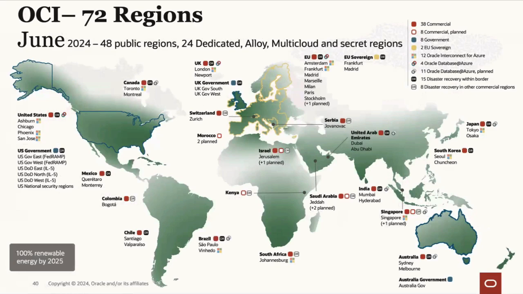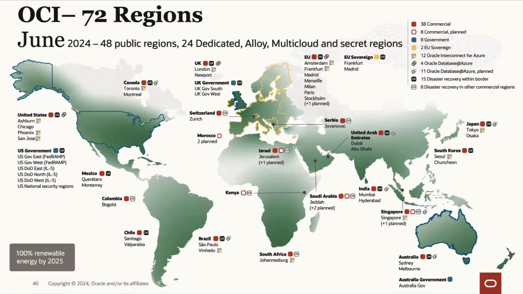When you are creating your DR strategy, it's really important to have that in mind. You can also see a graphic here for disaster recovery within the border or within other commercial regions. Taking advantage of the different regions when creating your disaster recovery solution is very important. Let's say you can only afford it, or your application is only really servicing one area.